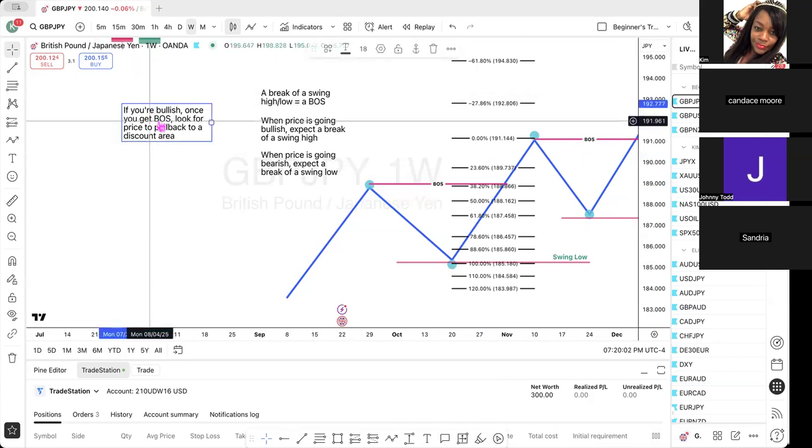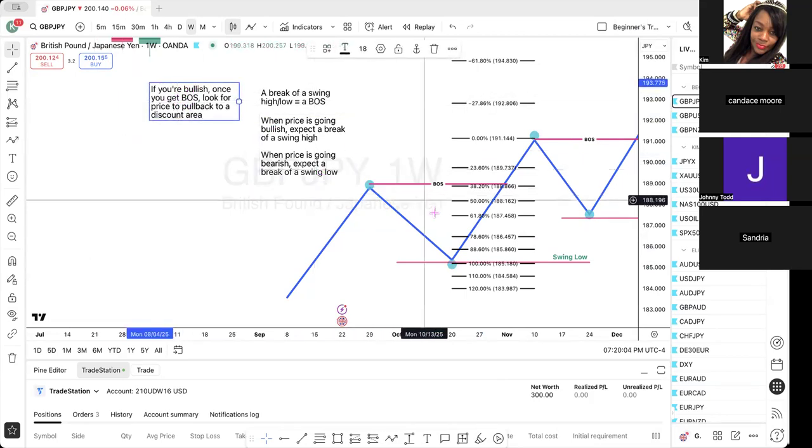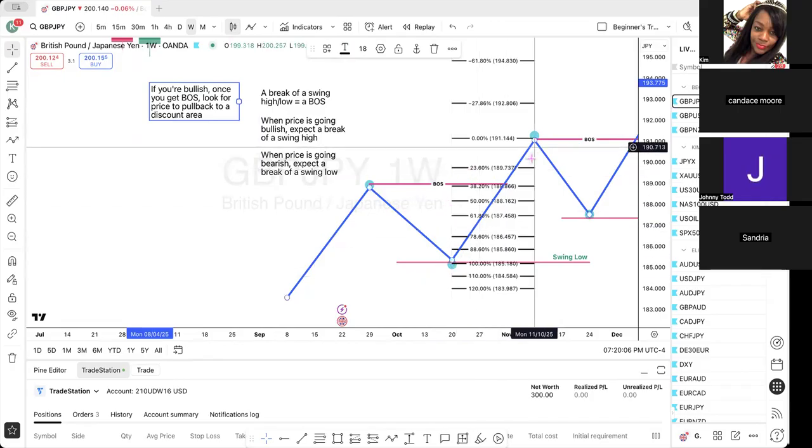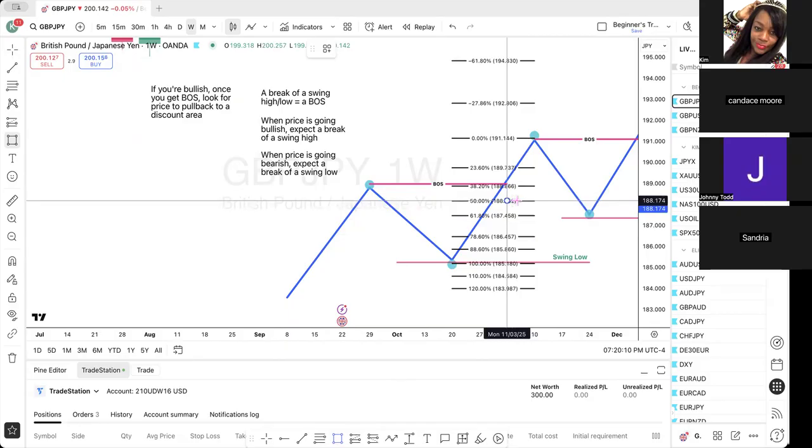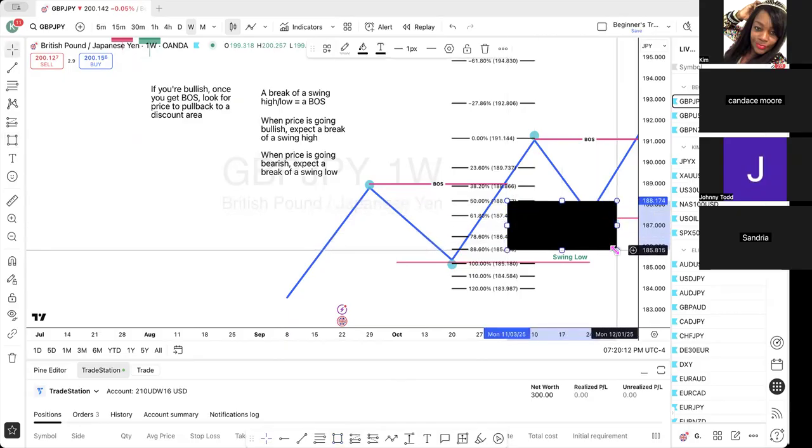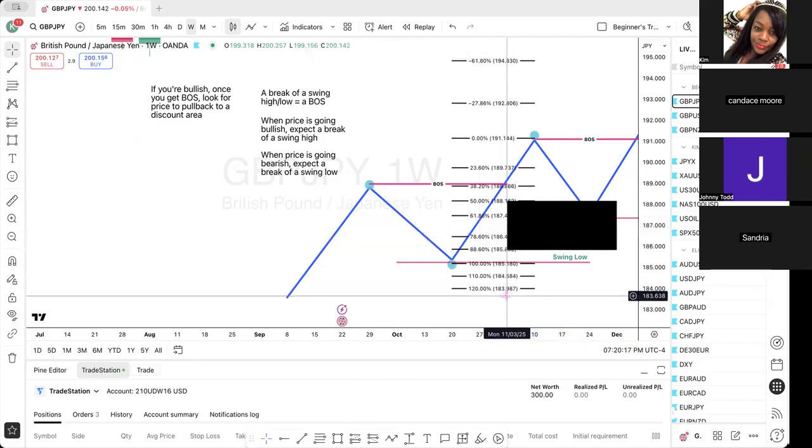Okay. And I'm just going to set that there. Now, the discount area is anything that's from the 50%, 618, 78, or 88.